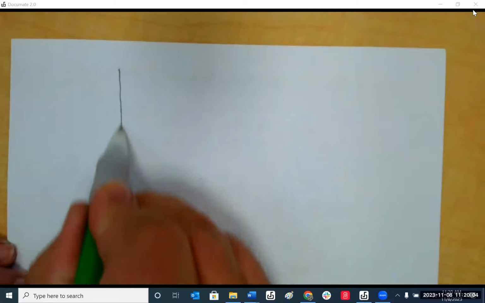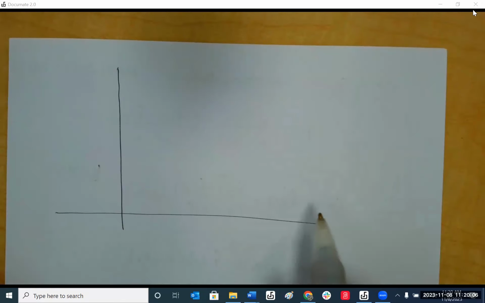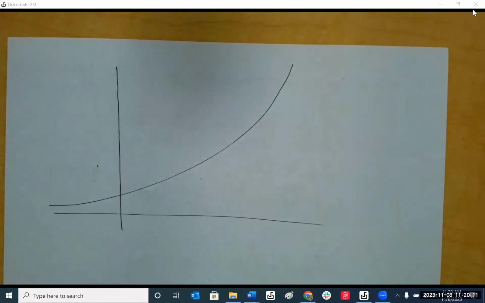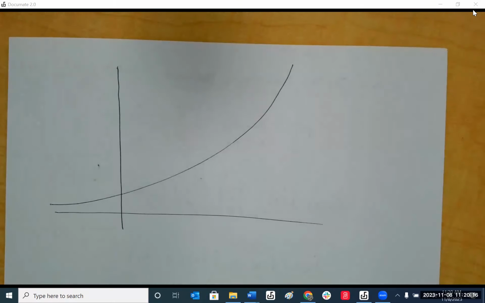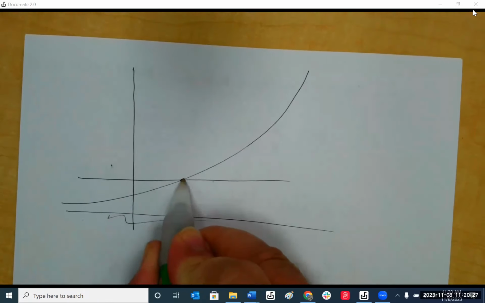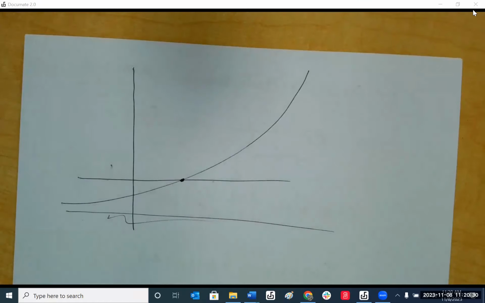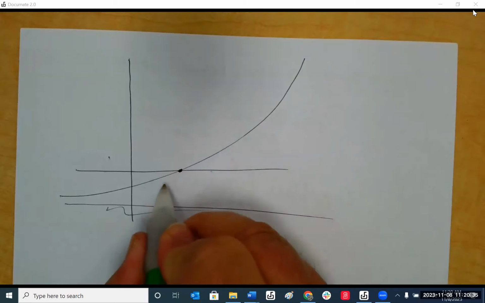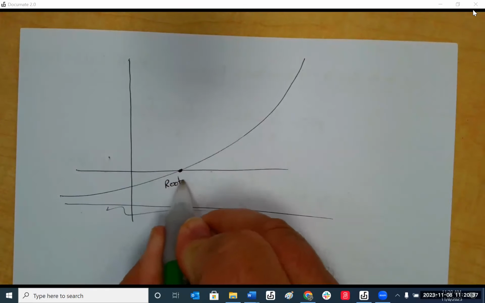So let's pretend we have a function. Actually, that's not right. Let's go to this one because I need to have an x-intercept right here. That's my solution, what I'm looking for. This is called the root.